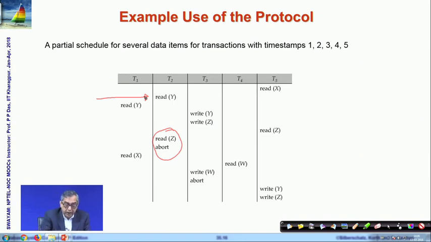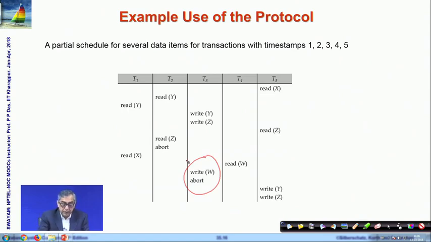So, when this read is happening, naturally this is an older transaction than T3. At this point the write timestamp is that of T3 and this is an older one. So, it was trying to read that, and this was aborted.